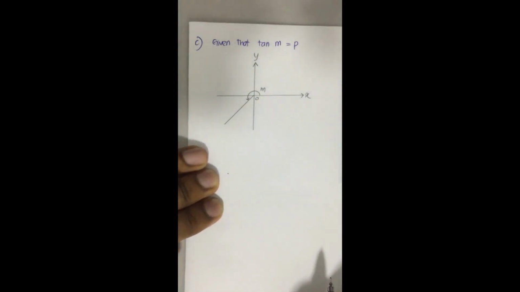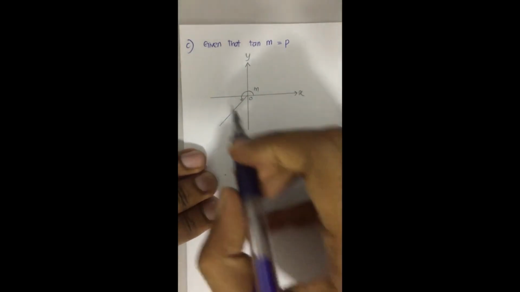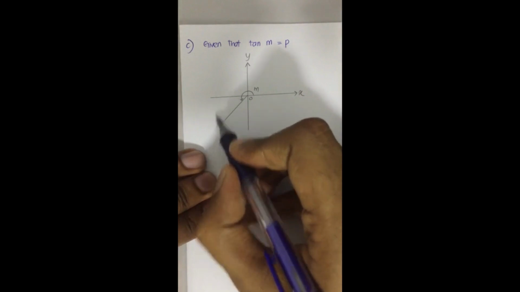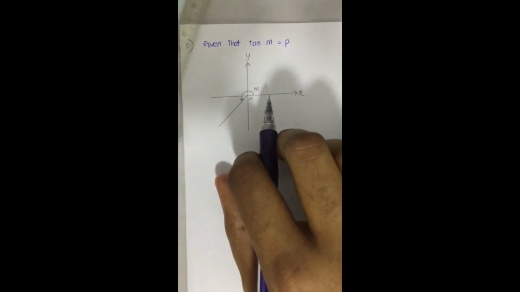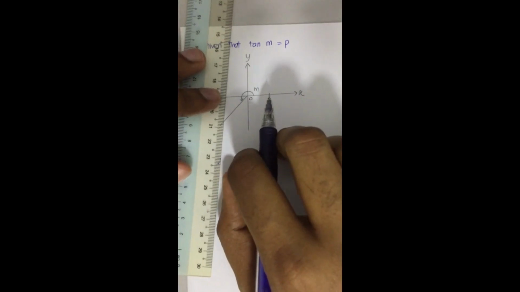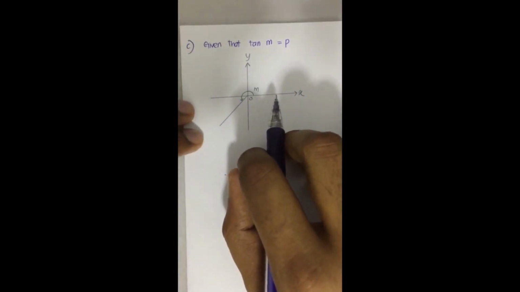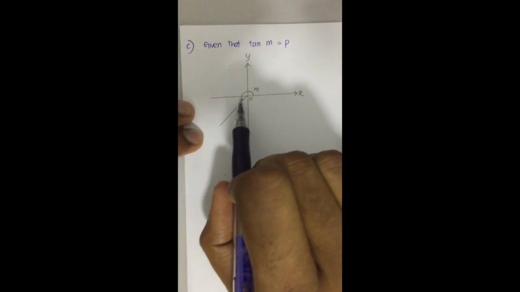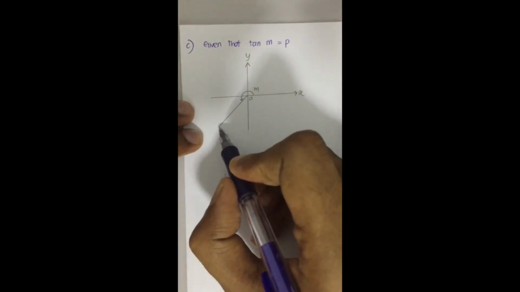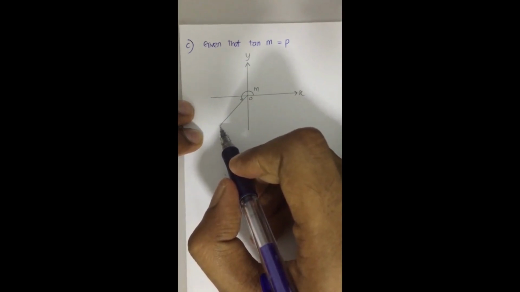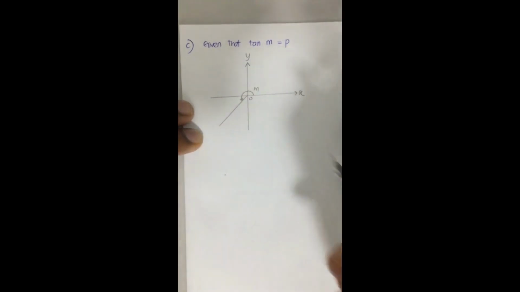For the next part, we're going to form a right angle triangle over here, since they mentioned that tangent M equals P. And since it is a reflex angle, we can conclude that the location is in the third quadrant. In the third quadrant, your x and y will be negative in this case.